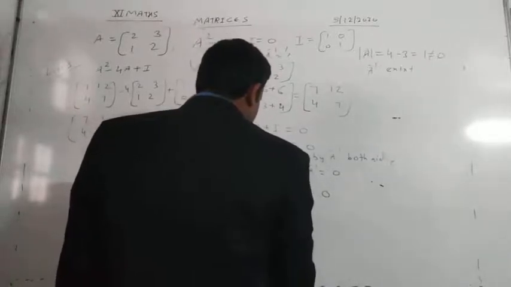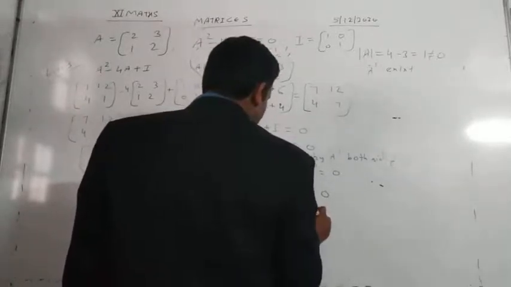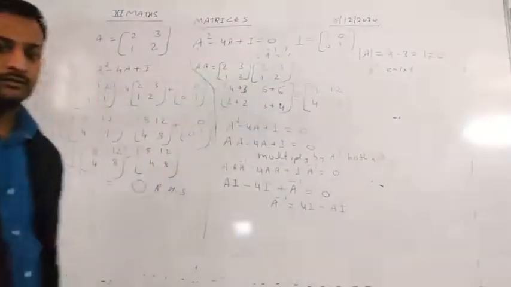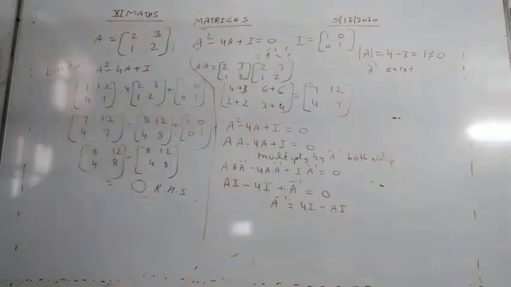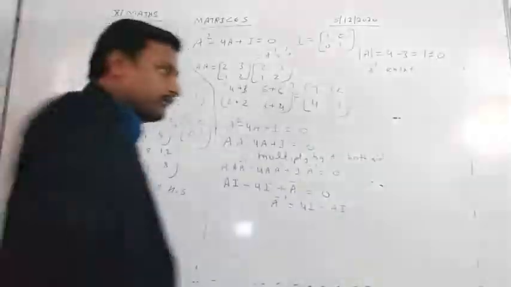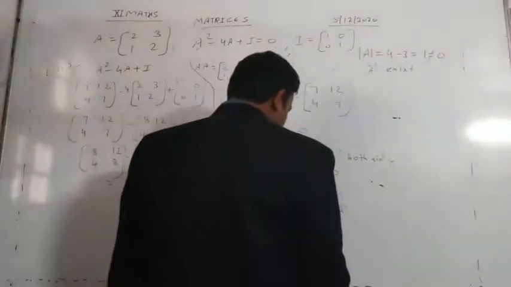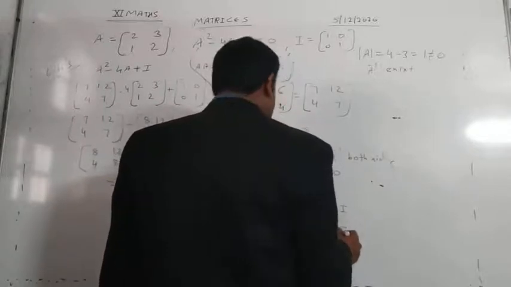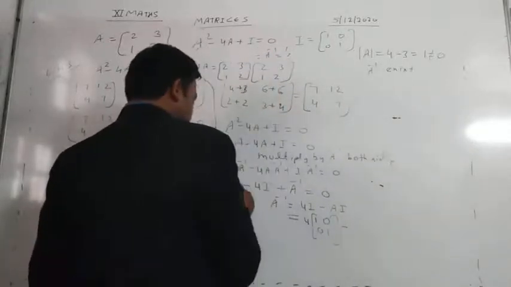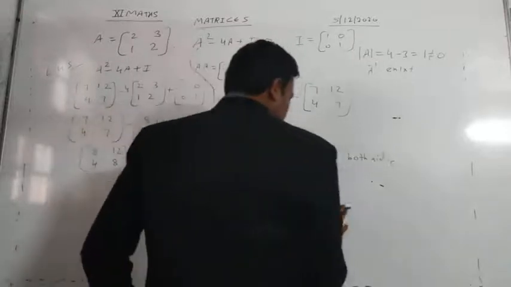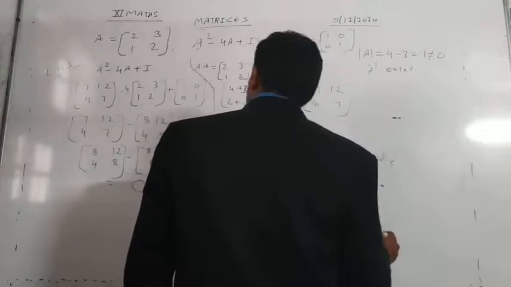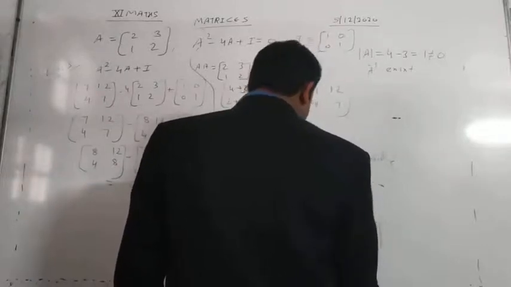Now we will send everything to the right hand side: A inverse is 4I minus A. Now this 4I is 4, 0, 0, 4, and this will be equal to A. So we write A here, and A is 2, 3, 1, 2.